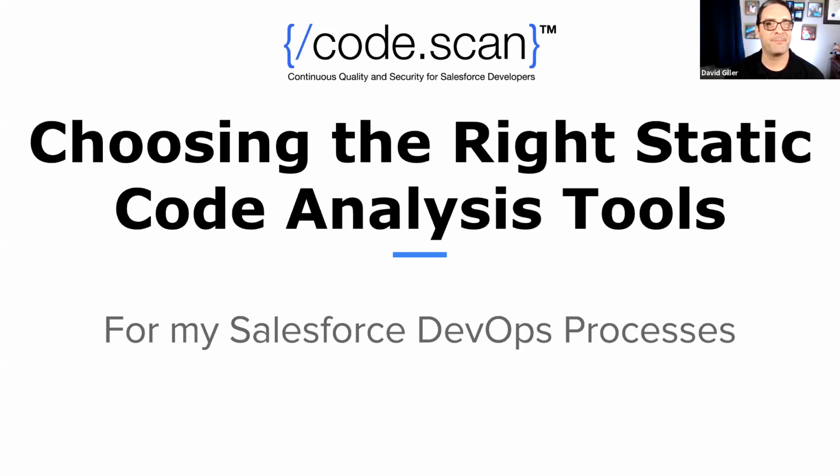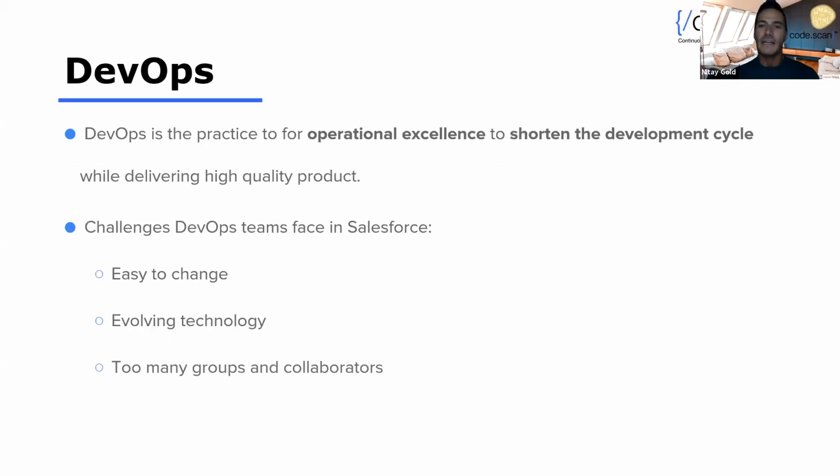Perfect. Yeah, sounds good. Before we start, I'm sure everyone knows what DevOps is, but just to make sure everyone is aligned, we play into the DevOps area. And DevOps, in our opinion, is just the practice of operational excellence. Their main purpose in a company is to shorten the development cycle while you keep delivering high quality products.